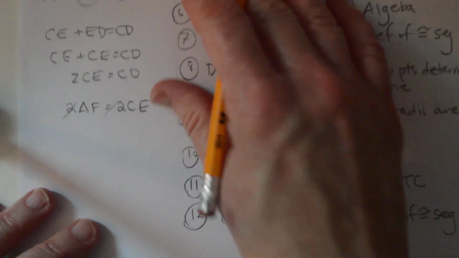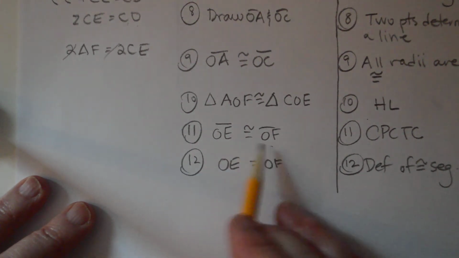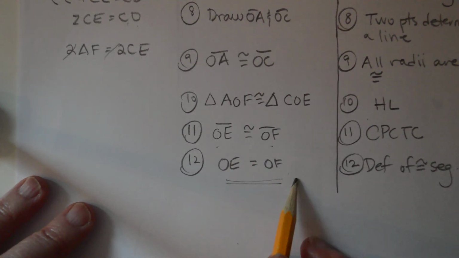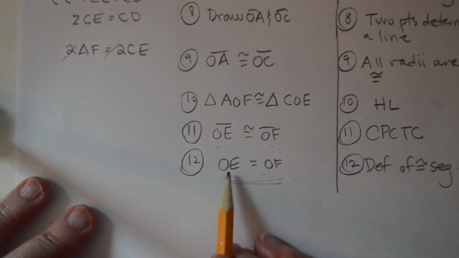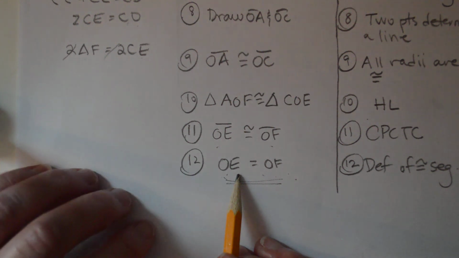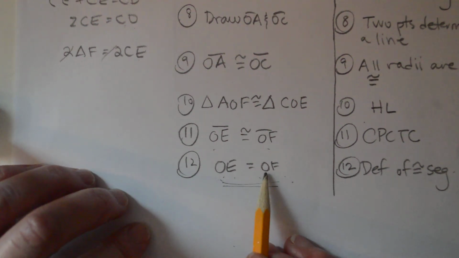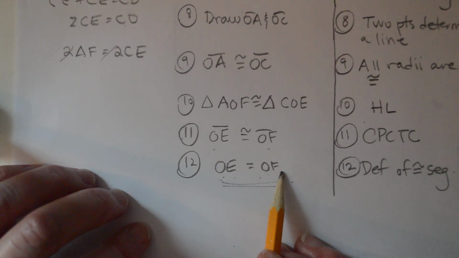So instead of stopping at just saying that they're congruent, we're converting it to numbers. The length of OE is equal to the length of OF, and this is the distance from O to chord CD, and this is the distance from O to chord AB.